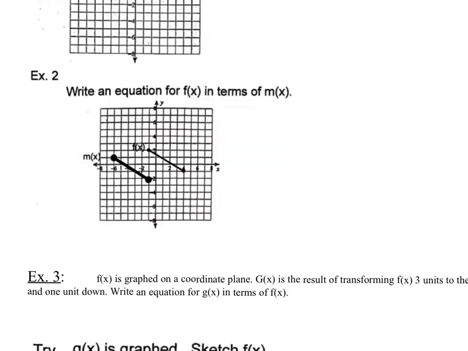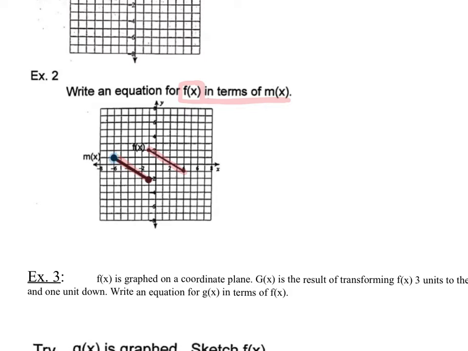Okay, now we're going to look at example number 2. It says write an equation for f of x in terms of m of x. So we need to figure out how f of x moved starting with m of x. So first of all, we have to figure out how did m of x move to become f of x. So if we look, I'm going to just pick this point here.